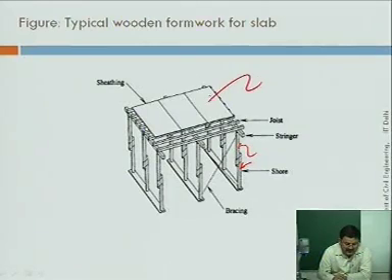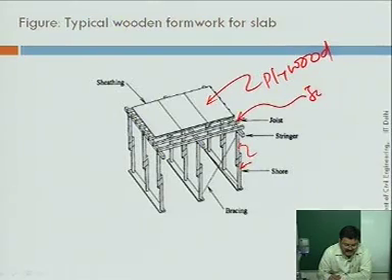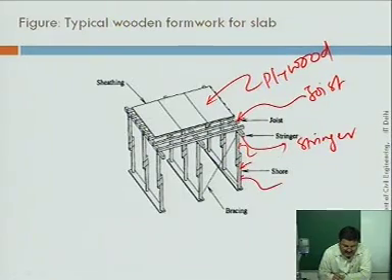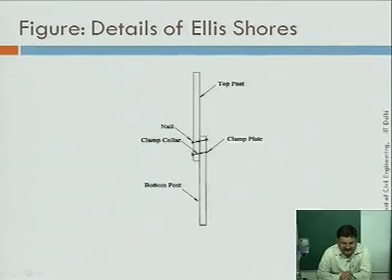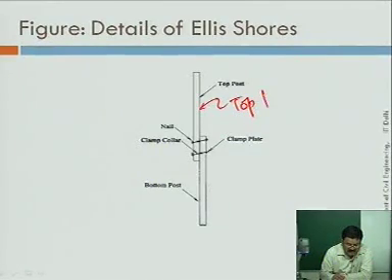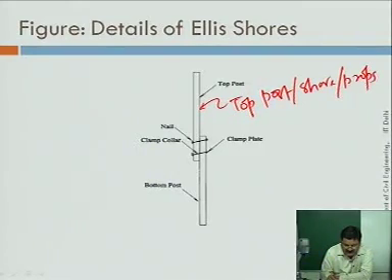So this is your plywood board sheathing. These are your joists, and perpendicular member here is stringer. Then these are your shores, and the shores are attached with one another in this manner. So you have this top post, top shore or prop, whatever you call them, they are all same.